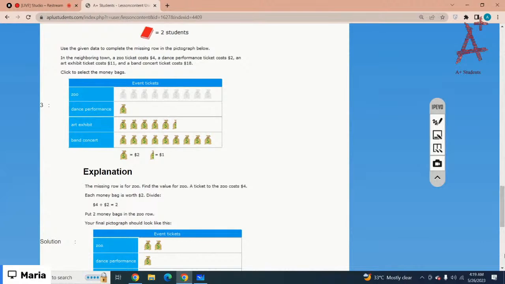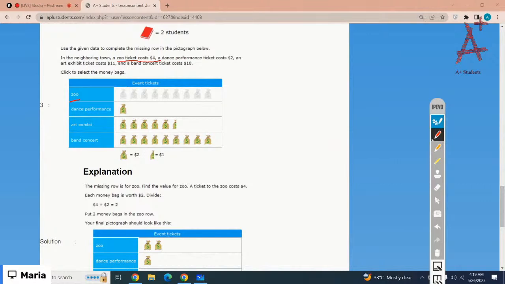You have to fill in the line of the zoo. You can see the line is empty. Where is the cursor? Here you can see. So for the zoo, a zoo ticket costs $4. So $4 means you have one complete bag equals 2. So 4 divided by 2 equals 2. That means you have 2 bags.